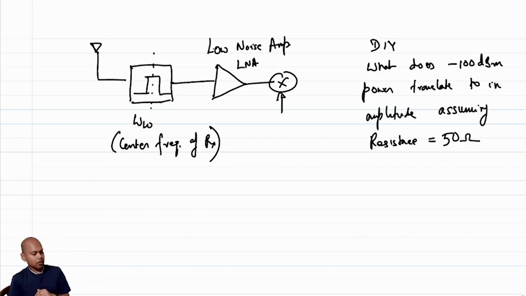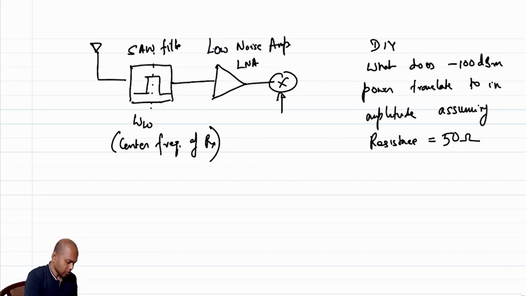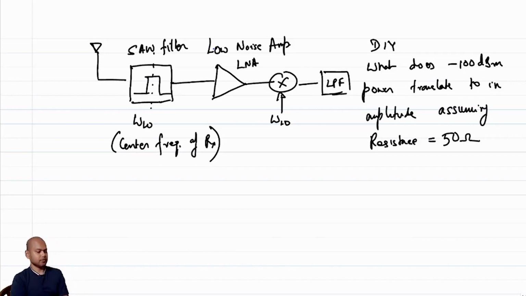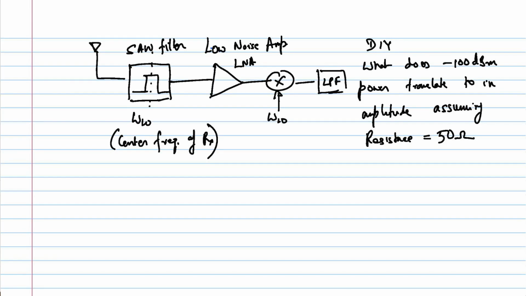So after the SAW filter, typically a low noise amplifier is interfaced, which gains up the signal to some extent. Then we give it to our mixer, and then there is a low pass filter.